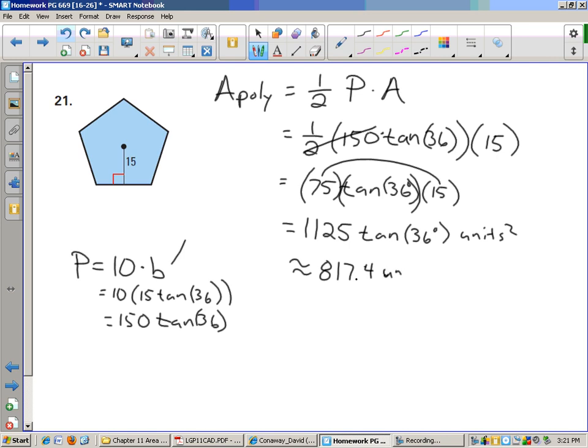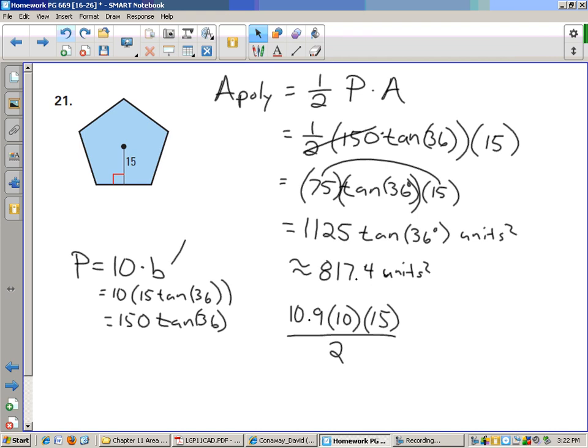0.4 units squared. Okay, now here's what I want you to do. Do me a favor and take 10.9 times 10 times 15 divided by 5.